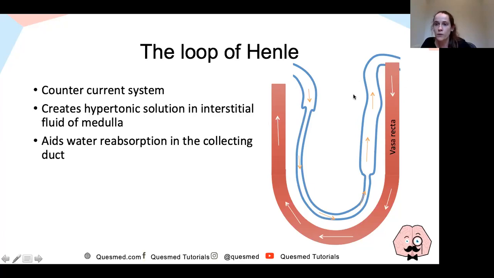But because they're moving against each other, we're able to get a constant movement of ions in the thick ascending limb and water in the thin descending limb. I hope that makes sense.